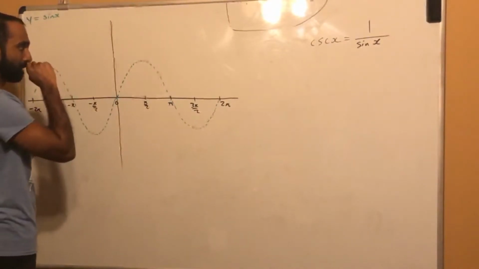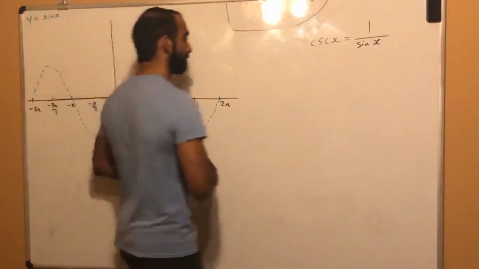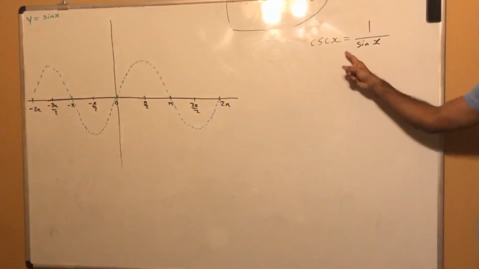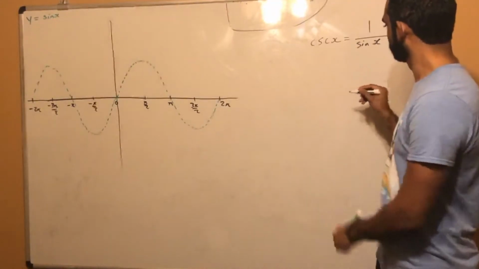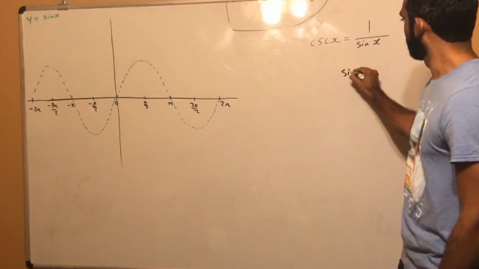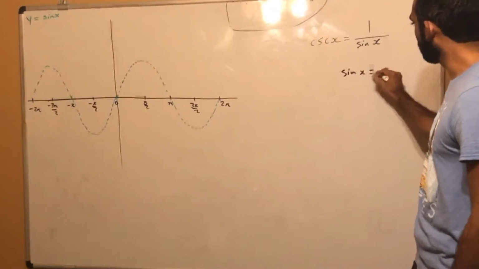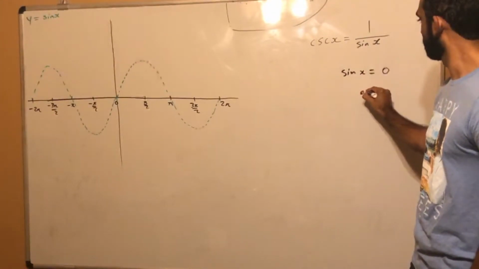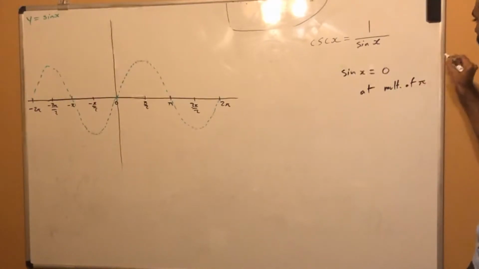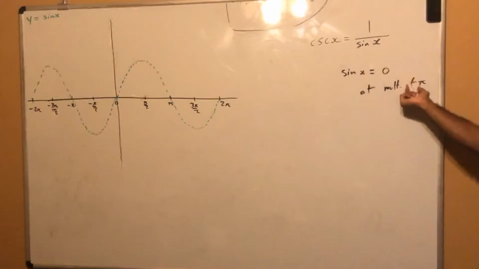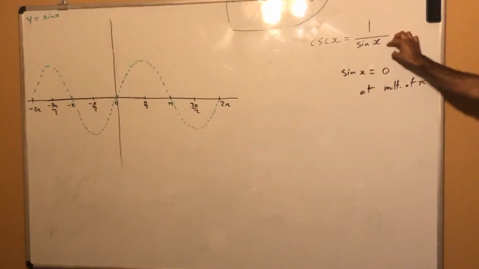So, first let's start off like we did for cotangent and tangent just a minute ago. When is cosecant undefined? When sine of x is 0. And sine of x equals 0 at multiples of pi. So whenever x is a multiple of pi, we get non-zero divided by 0.